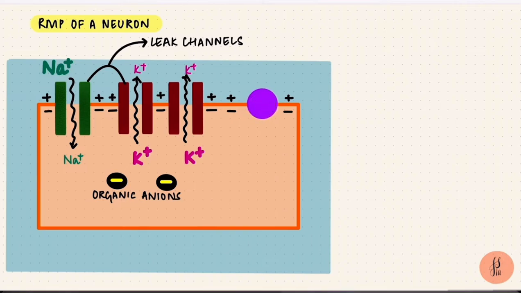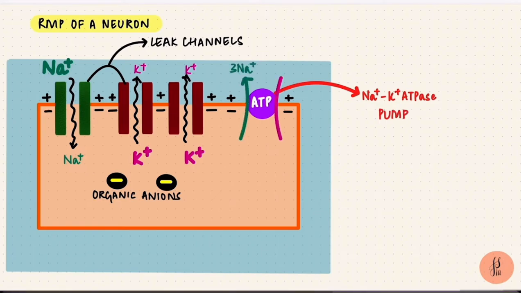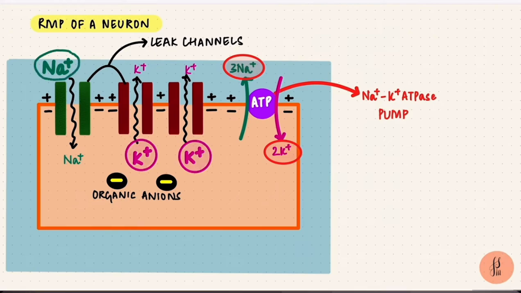There's also a sodium-potassium ATPase pump. It's an active transport pump. This is against the gradient. For every molecule of ATP that gets hydrolyzed, 3 sodium ions leave the cell and 2 potassium ions enter. Again, there's a difference. More positive ions are leaving than entering, so it contributes to the negativity as well, but more importantly, it maintains that gradient, and so the negativity.